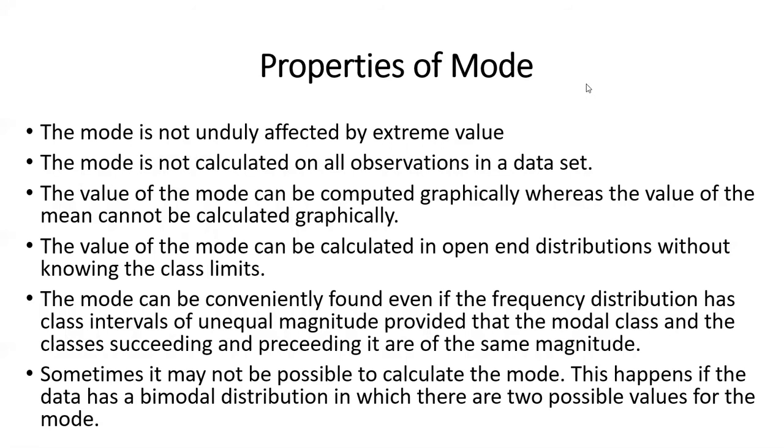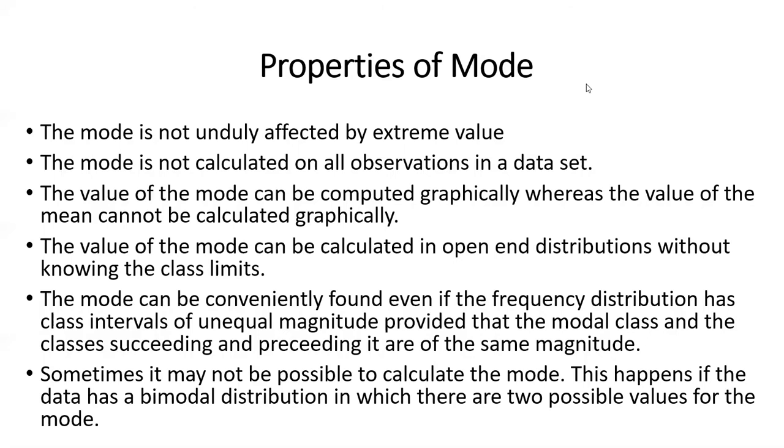Mode can be calculated from the open-ended distribution. The mode can also be conveniently found even if the frequency distribution has class intervals of unequal magnitude, provided the modal class and the classes succeeding and preceding it are of the same magnitude.